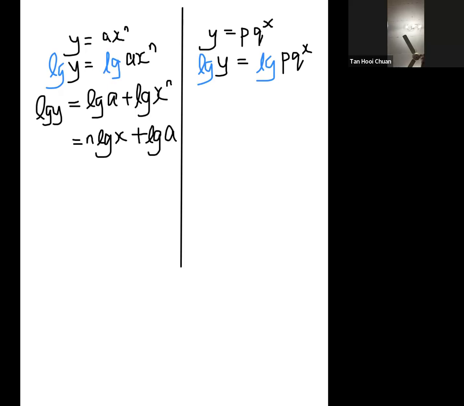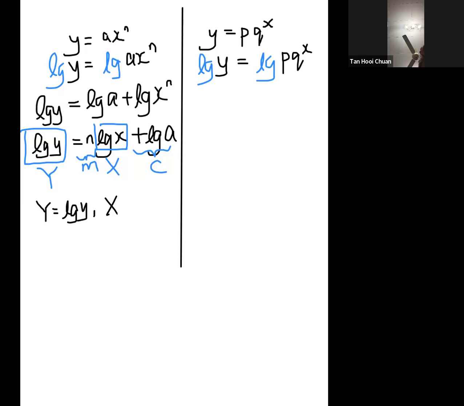Here's LG y. So this is the grade Y, this is the grade X, here is the M, here is the C. You write down properly. Grade Y is LG y.